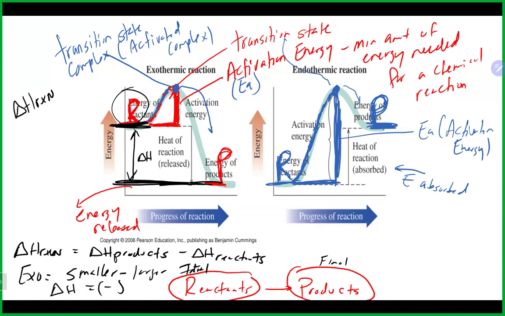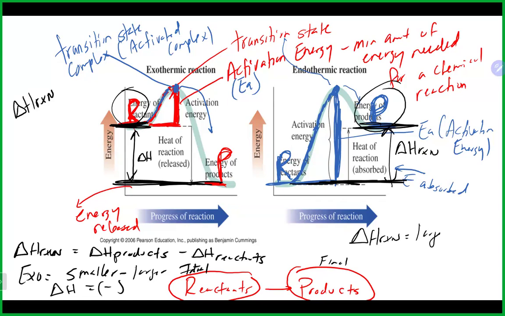If we do the same thing over here for our endothermic reaction, taking where our reactants are starting versus our products, and take the difference, that's our delta H of our reaction. Our products are higher in energy, so that's going to be a larger number, minus our reactants, which is a smaller number.